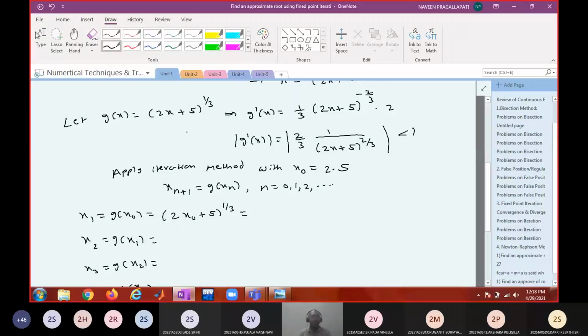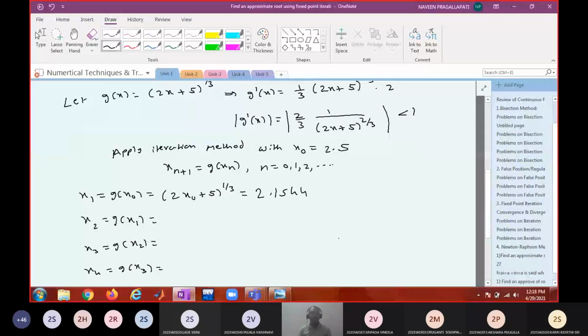So what is the value you got for x1? 2.1544. Please note down 2.1544.